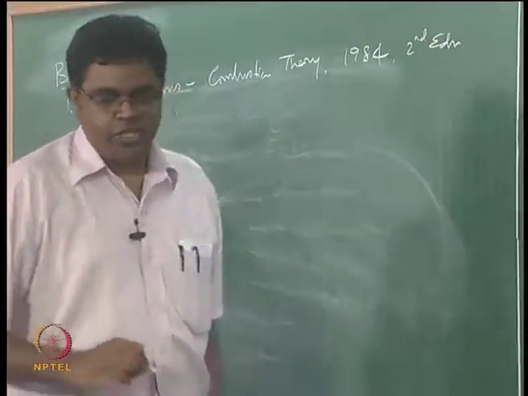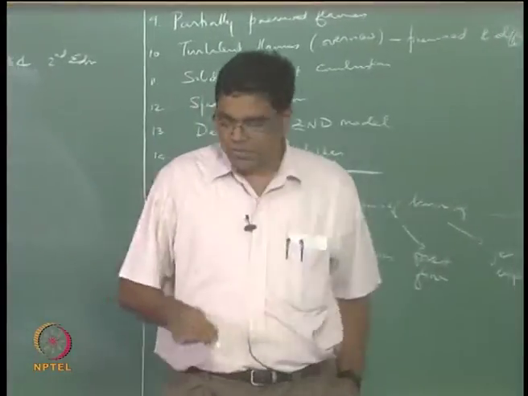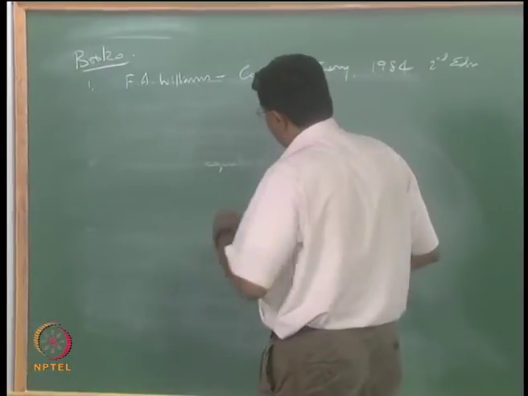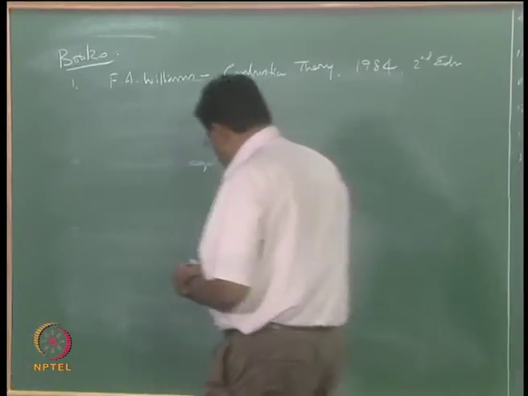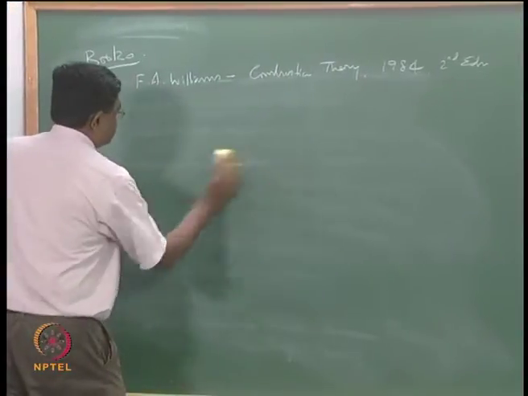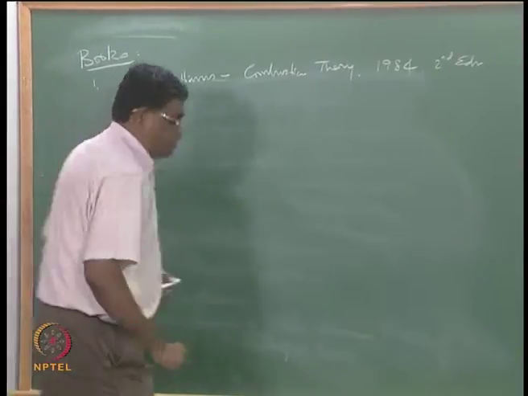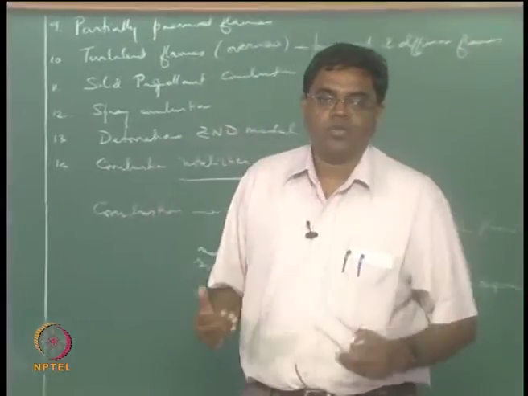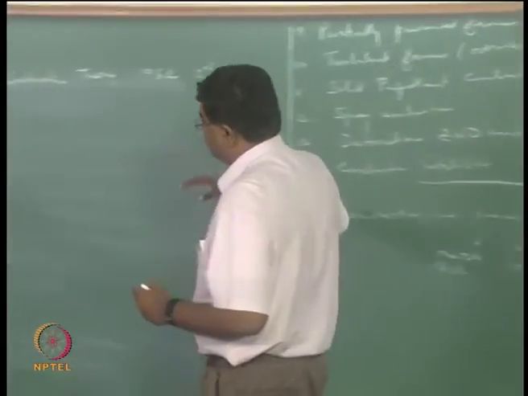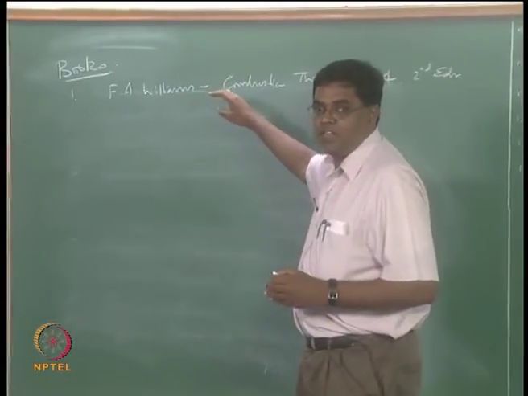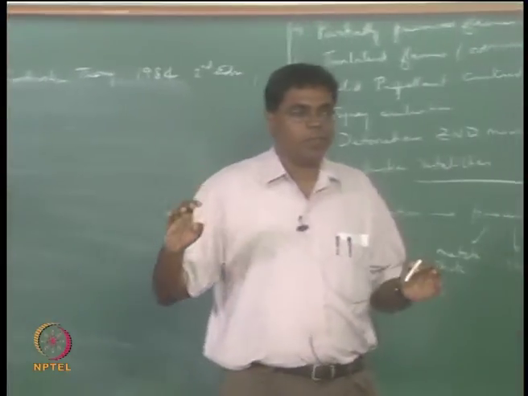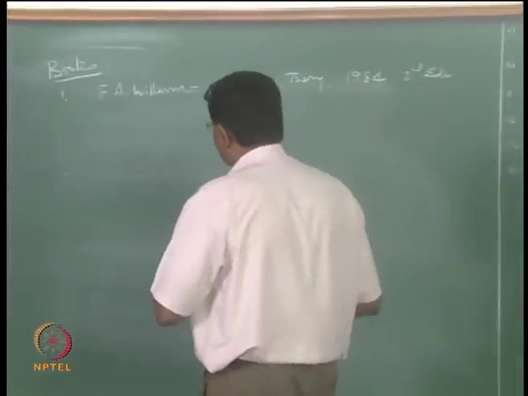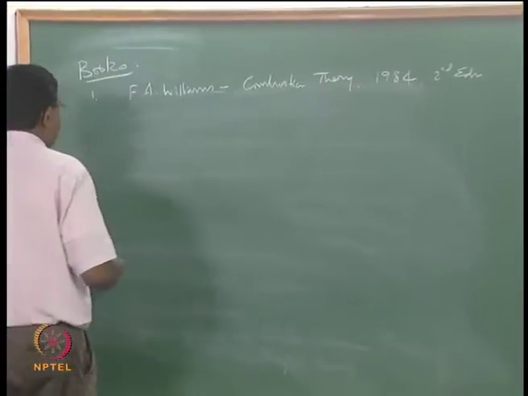I'll give you the publisher details on the website that goes along with these videos. Williams is now the living father of combustion in some sense, because most advanced level graduate students couldn't have escaped his textbook. It is a little bit dense, it's difficult to understand, but you have to work on it, and you will reap rich rewards once you do that.